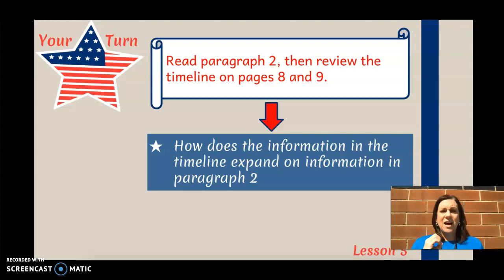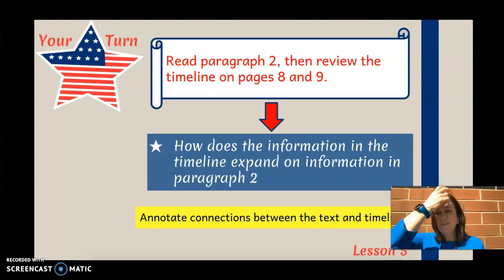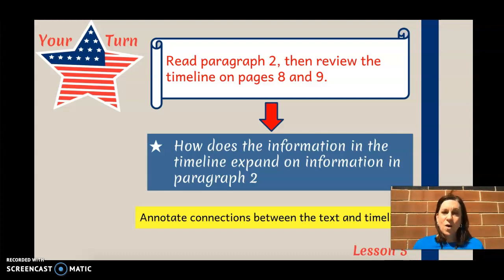We're looking to see how that expands and increases what we know about the information. Make sure you annotate connections between the text and the timeline. Highlight and underline the things that you need to show proof. Take 5 minutes. I'm just going to sit here and relax while you pause for 5 minutes and do this.